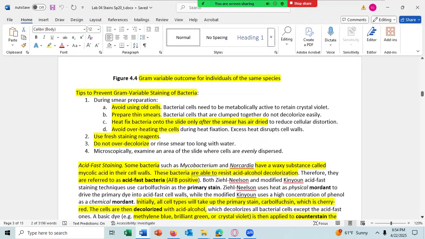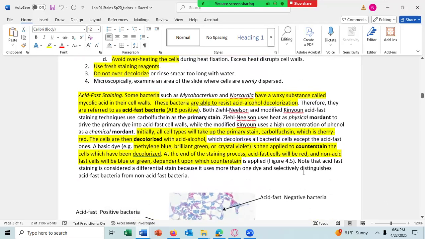Initially, all cells will stain with the primary stain, which is carbol fuchsin, which is a cherry red color. We then apply the decolorizer, which is acid alcohol, and that will remove the red color from the acid fast negative cells, but not from the acid fast positive cells. You then use either methylene blue or brilliant green as the counterstain to stain the decolorized cells.